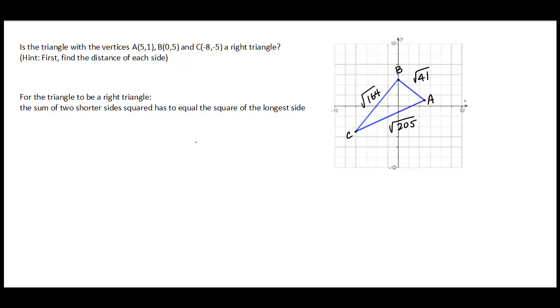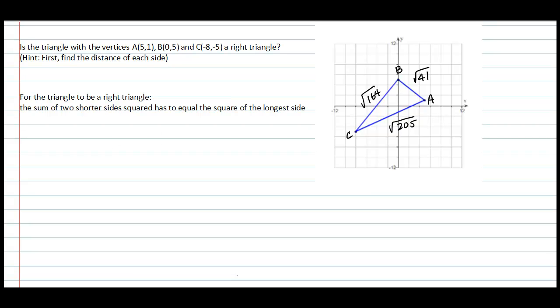Looking at the figure, the longest side is AC, so the side AB squared plus the side BC squared should equal the side AC squared for it to be a right triangle.